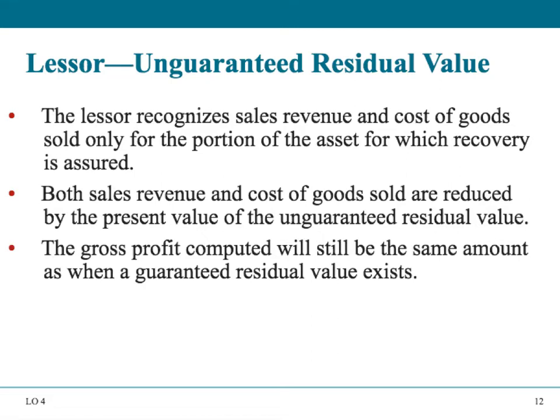We cannot yet, because the residual value is unguaranteed, assume that that particular amount is sold. It basically does not fulfill the requirements for revenue recognition just yet. Therefore, both sales revenue and cost of goods sold must be reduced by the present value of this unguaranteed residual value. But gross profit will be the same. Let's take a look at the table.